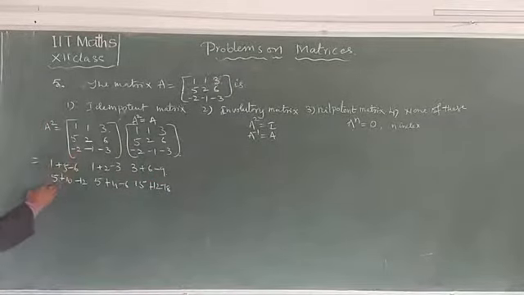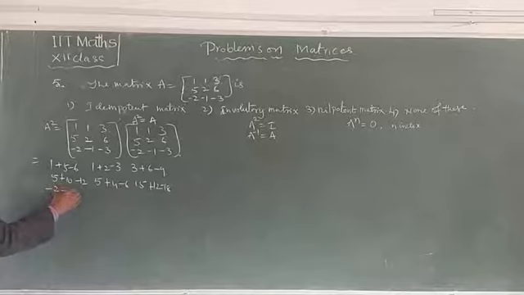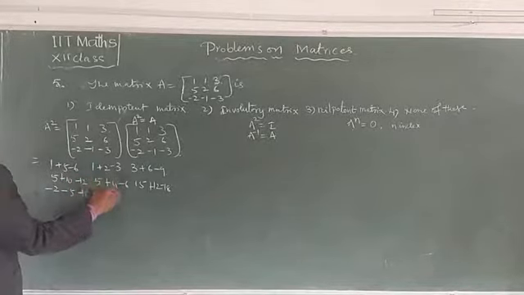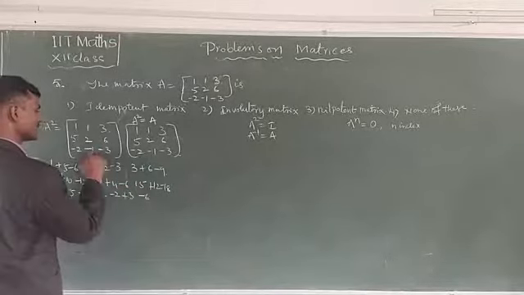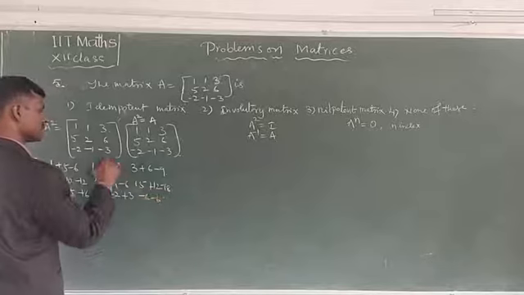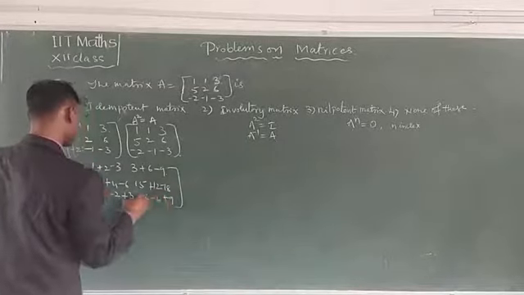Next 2 1s are minus 2, minus 5, here plus 6, minus 2 and minus 2 and this is plus 3 and 3 2s are minus 6 and 3 3s are 9.